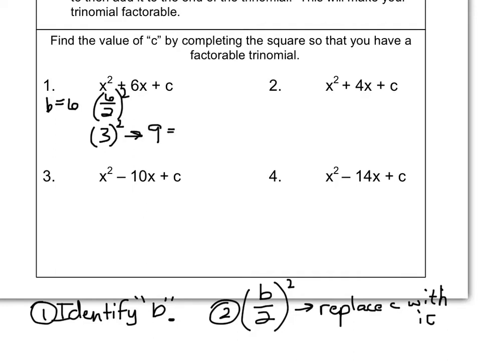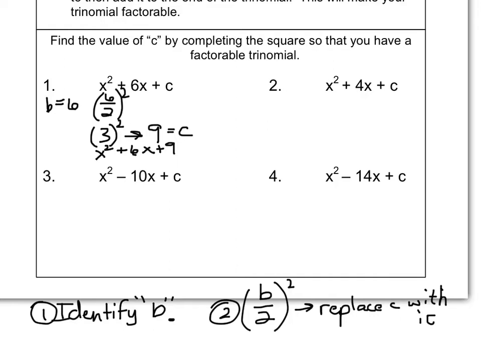So that's going to become your new C. So you're going to rewrite this trinomial as x squared plus 6x plus 9. And you'll notice, what are the factors of 9 that add to 6? Can we find that? Well, yes, there'd be 3 and 3. And then we'll be able to form a trinomial now that's factorable.